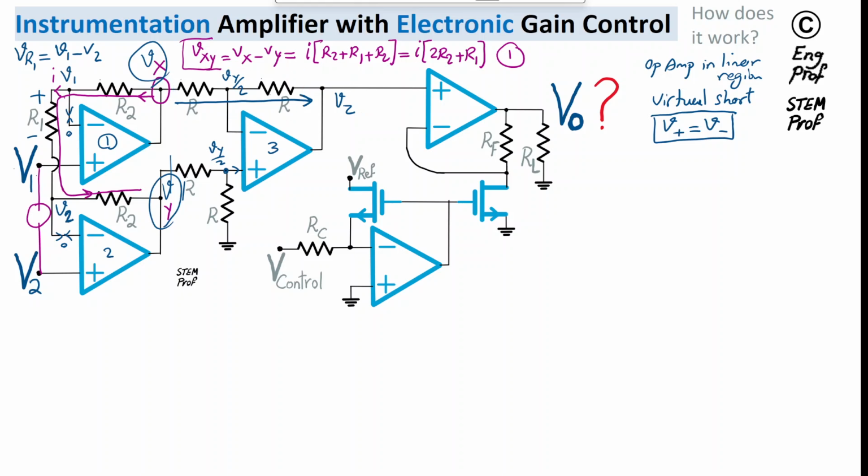What I can do is write a KCL at this node. The incoming current should be equal to the outgoing current. That's Kirchhoff's current law: the sum of all current coming into a node should be equal to the sum of all current going out of the node. So I'm going to use that, and for that purpose, KCL at op-amp 3 input, the negative or inverting terminal.